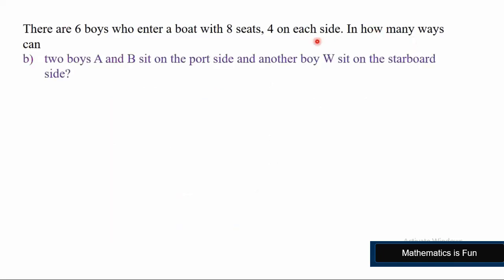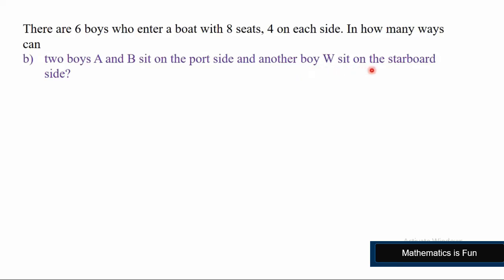The next part is, there are 6 boys who enter a boat with 8 seats, 4 on each side. In how many ways can 2 boys A and B sit on the port side and another boy W sit on the starboard side?